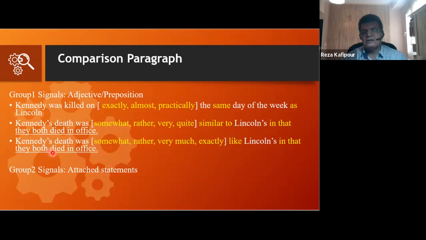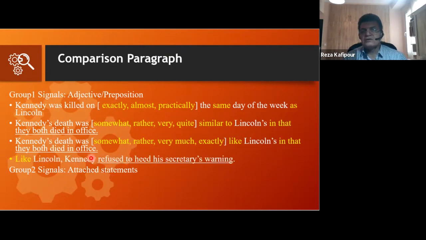Again, death in office is a basis of comparison, meaning the aspect that Kennedy and Lincoln are being compared on. So they are all group one signals, meaning using adjective and preposition to compare two persons or two things.